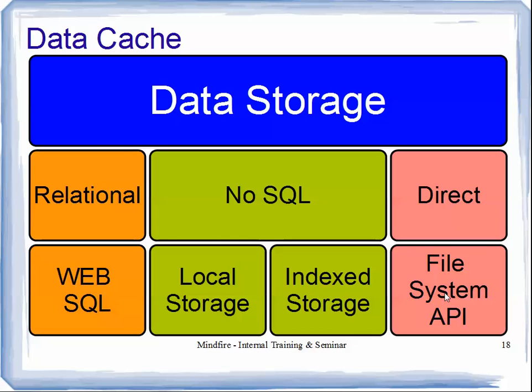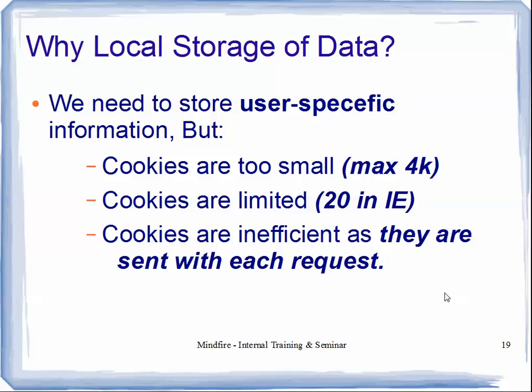Now, first I would like to discuss local storage data. There is also the cookie, right? Cookies are used to store data. But there are some limitations in cookies. Cookies are too small, meaning you can store only 4K of data per domain, and cookies are limited.